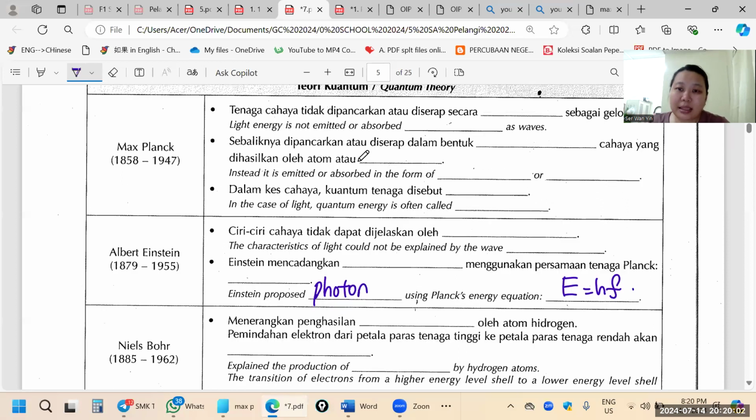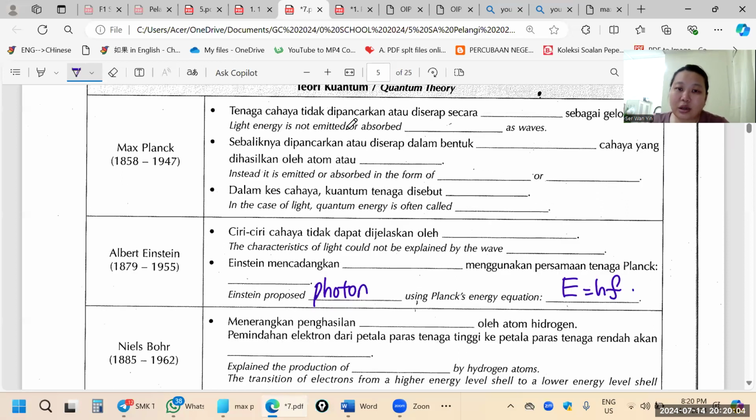Like Max Planck said, light energy is not emitted or absorbed continuously as a wave, but is emitted or absorbed in the form of lines, or discrete, one by one, not continuous.